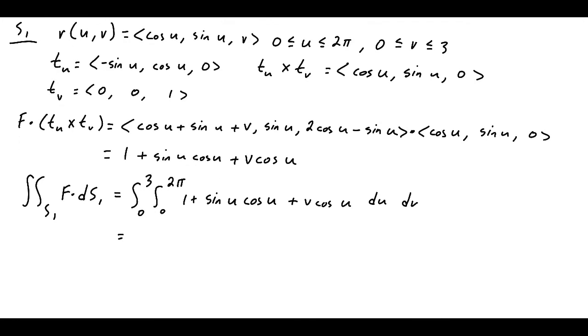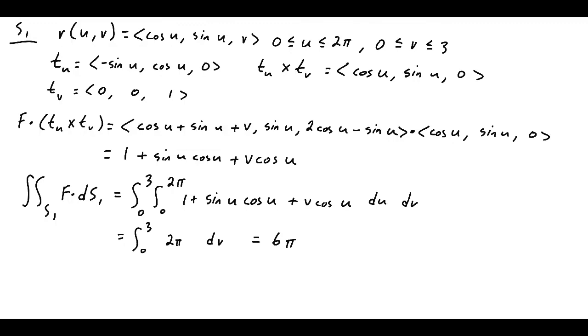And because the inner integral has a value of 2π, this becomes the integral from 0 to 3 with respect to v of 2π, which is equal to 6π. So we're on our way to showing these two are equivalent, or equal.